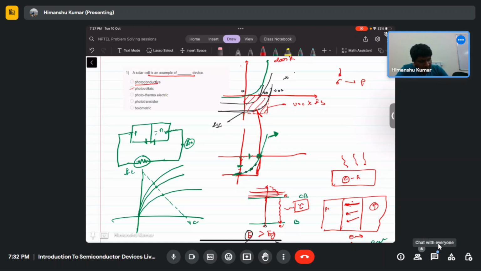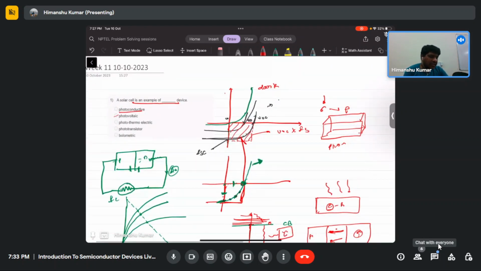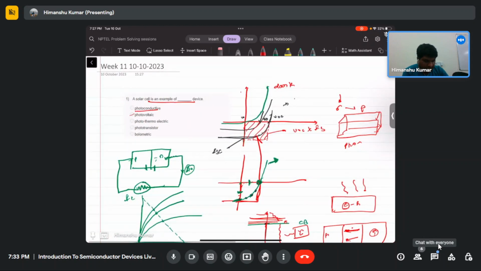If you take a piece of semiconductor and shine light, there is a change of conductivity in it. So photoconductive cells are those where you utilize the change in conductivity or resistivity based on shining light. So those are the photoconductive effect.